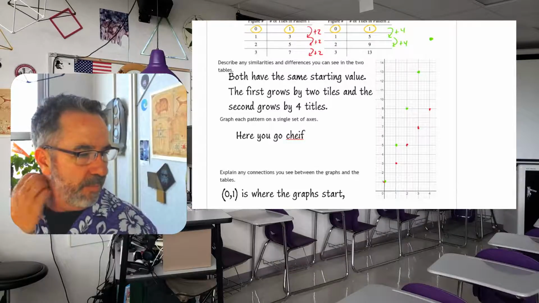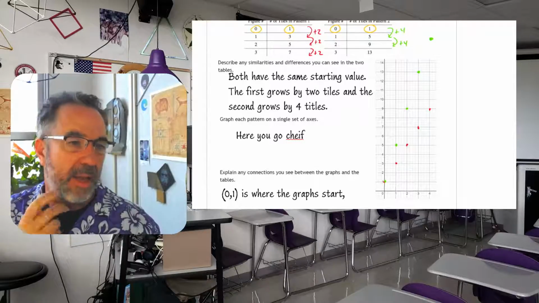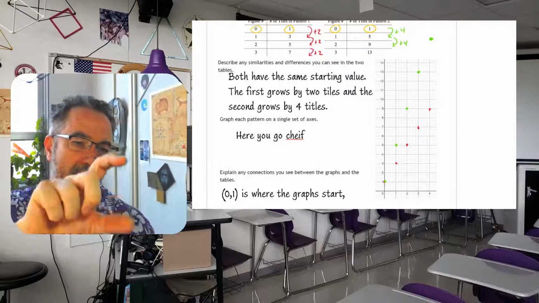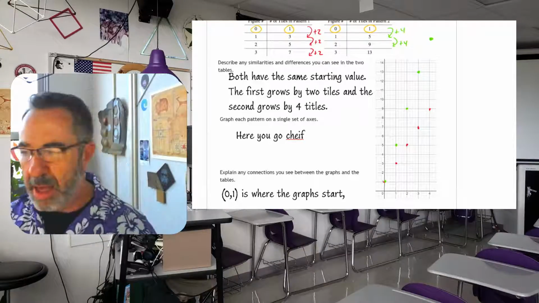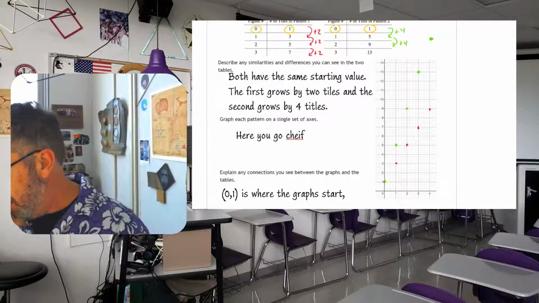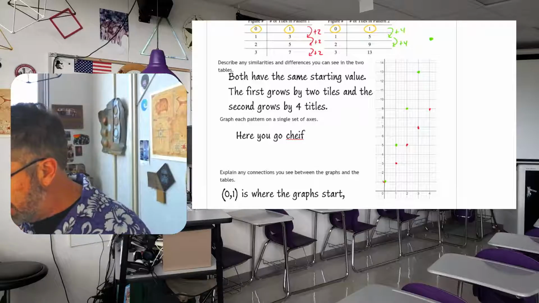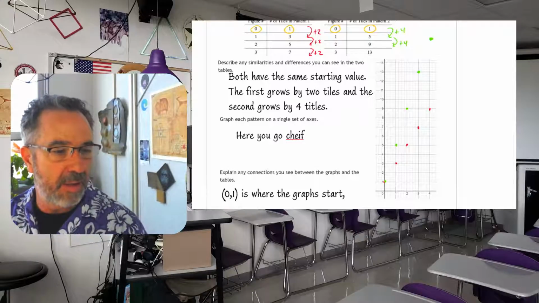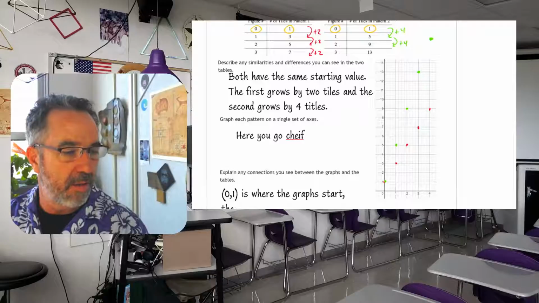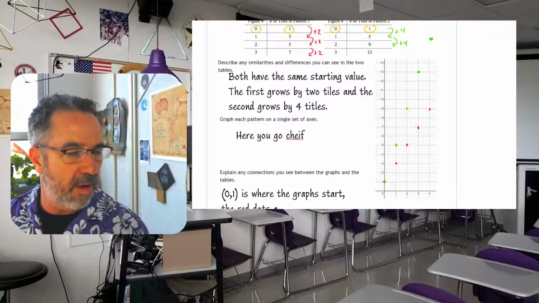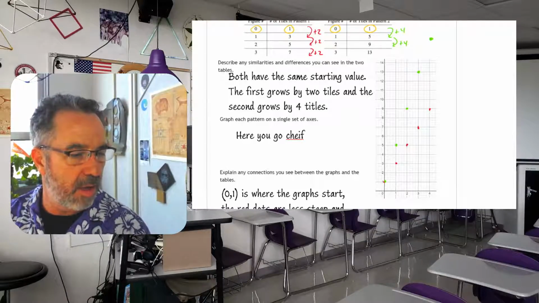And then I can see the growth based on how high it's going each time, right? I've got some notes of things that someone said: the red dots are less steep and the green dots are, I think someone said twice as steep.